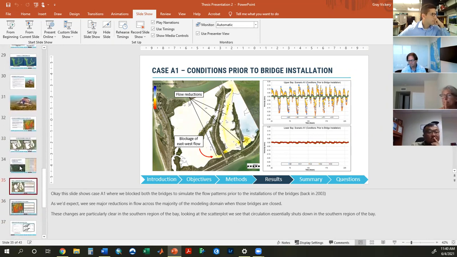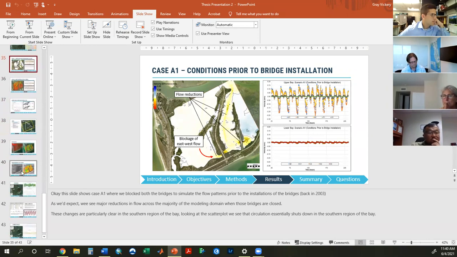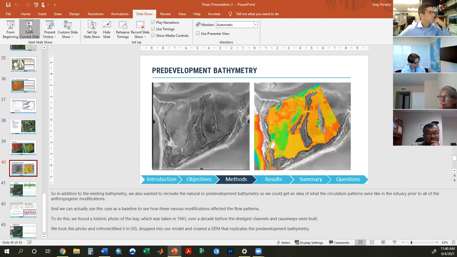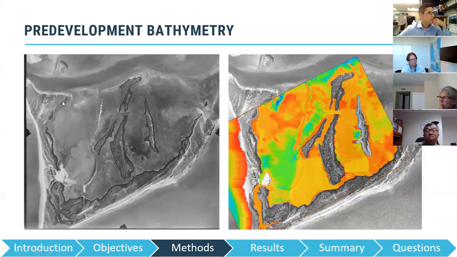Yeah, let me see. I think I also have a slide on that. So basically what we did is we went in and painstakingly drew this new landmass boundary after we orthorectified this. I followed the shoreline here for all of these features, the mangrove islands and then Mullet Key down here.